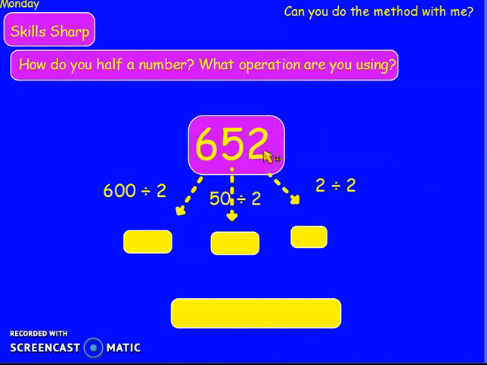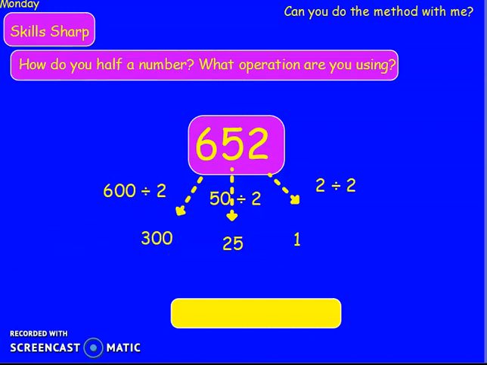What's 2 divided by 2? 1. You can write that at the end of your arrow. What's 50 divided by 2? Half of 50. 25, that's right. And we've got 600, so we need to do 600 divided by 2. What's the answer?